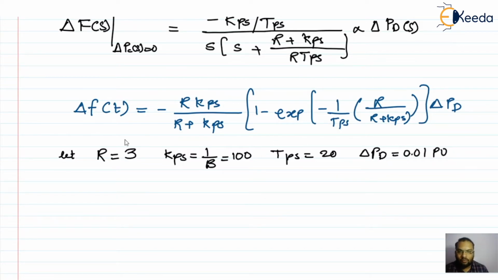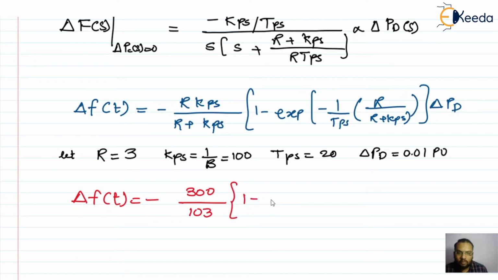Now when you put these values in this above equation and solve this, delta f of t would be, now this is minus, R is taking value 3 and Kps is taking value 100. So we'll get here 300 divided by 100 plus 3, so we'll get here 103.